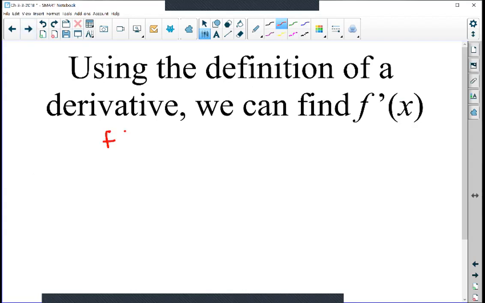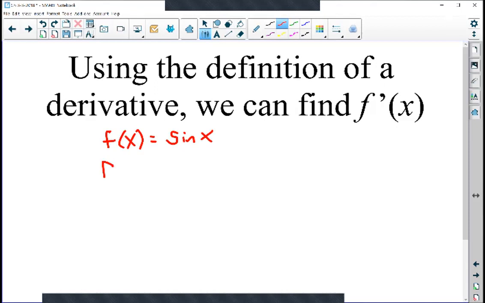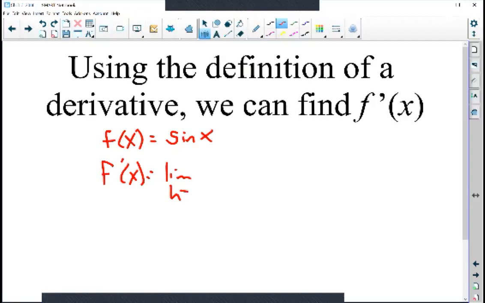So if f of x is equal to sine of x, we're going to find f prime using our definition of a derivative. And I'm going to choose to use the limit as h approaches 0. Instead of a plus h, I'm going to use x plus h.